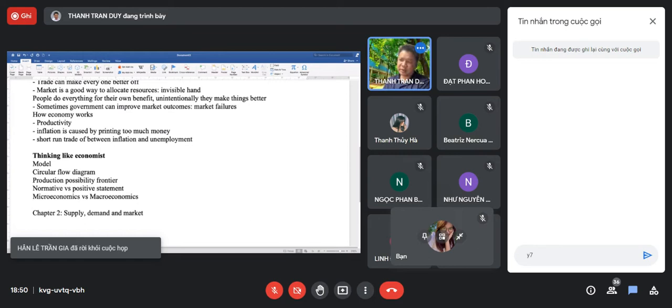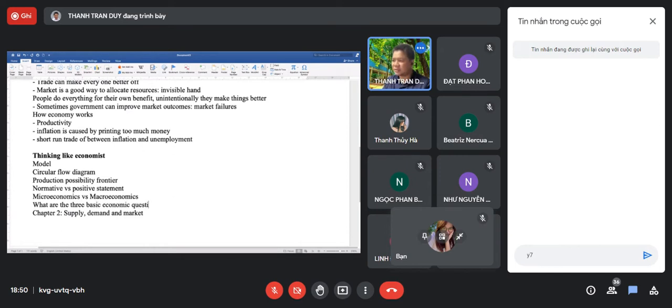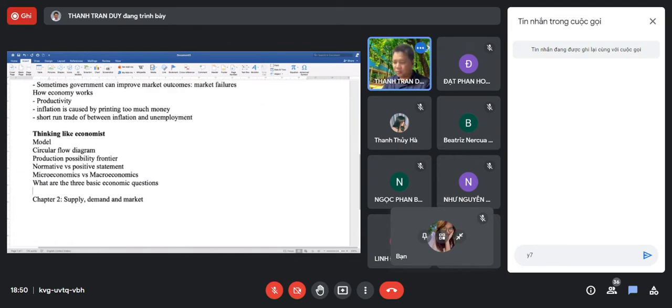Before we talk about this one, you have to know what are the three basic economic questions. What are the factors of production?